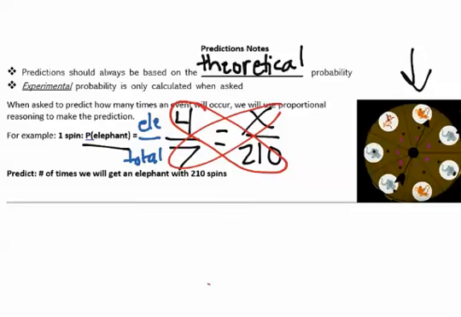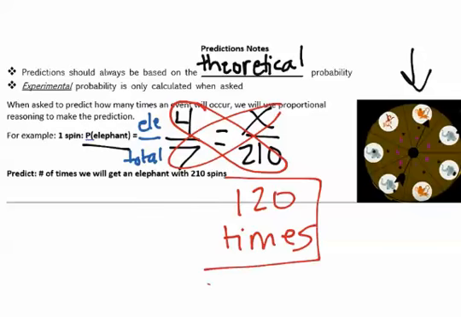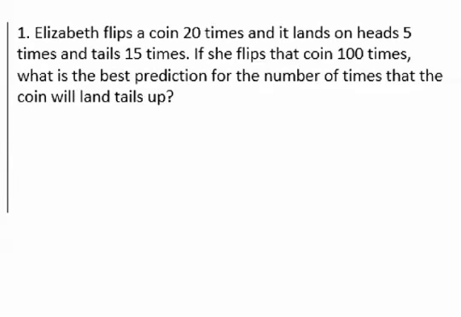Alrighty, so hopefully you got 120 times it's going to land on that elephant out of 210. Now, if you're not sure how I got that, please feel free to raise your hand and ask. Okay, so we're going to use that same thought process and that proportional reasoning in all of our prediction questions.